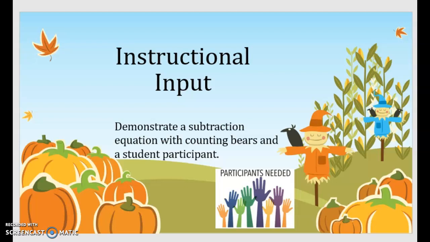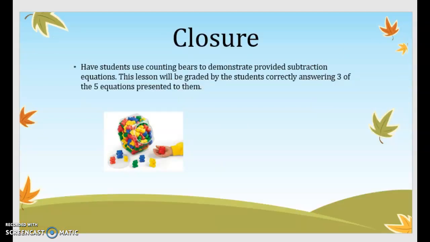The students then at their desk will be working individually with their own counting bears. Once the students are at their desk, you'll pass out 10 counting bears to each student. The instructor will then create 5 different subtraction scenarios with the numbers 1 through 10.